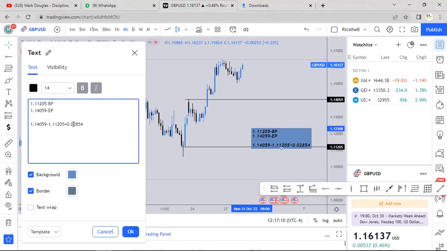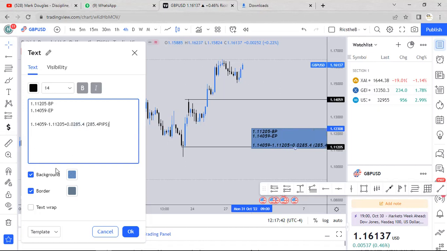So the first point, 2, 3, 4. This simply means our decimal point will shift from this place to this area. So we had a market movement of 285.4 pips.